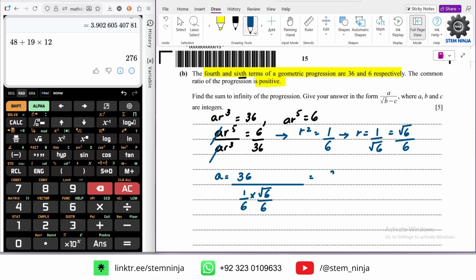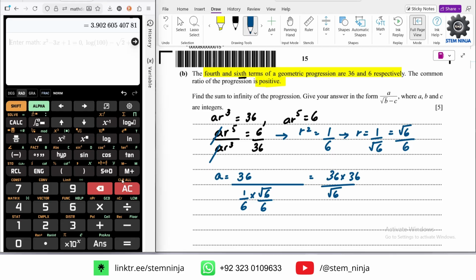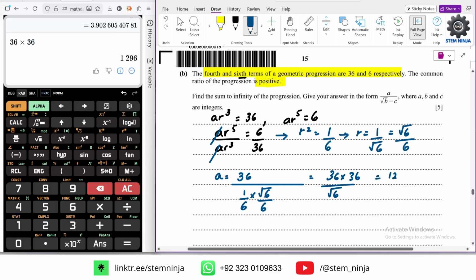So 36 times 36, 1296, root 6 over 6. Okay, this is your a.